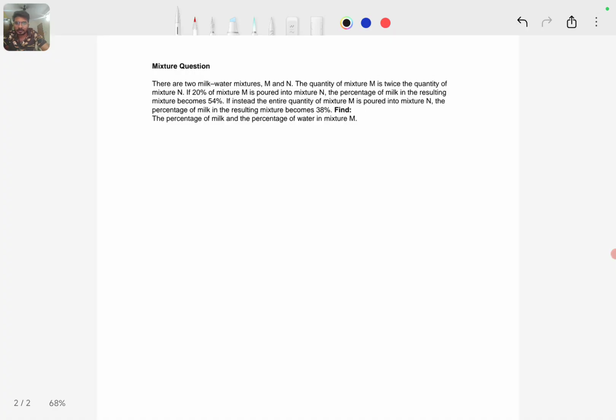There are two mixtures, M and N. The quantity of mixture M is twice the quantity of mixture N. See, I have already solved this question, so I know how to take the values here, but I am just explaining so that you can understand very easily.